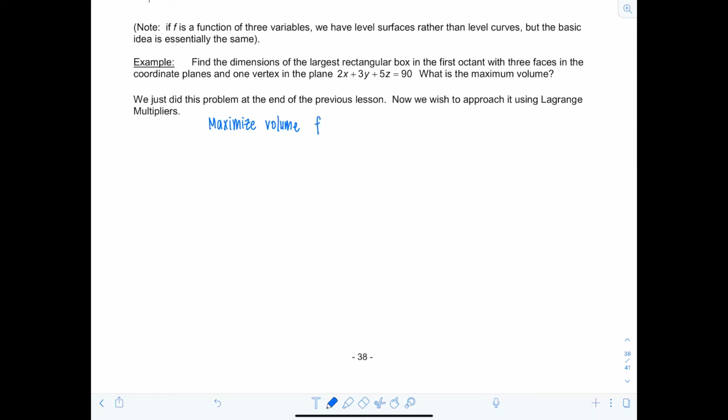I'll call my volume function f of xyz, which is equal to x times y times z, and it needs to be subject to the constraint that one of the vertices lies on this plane. So it satisfies that equation. So subject to the constraint that 2x plus 3y plus 5z must equal 90. So that's basically my g of xyz.